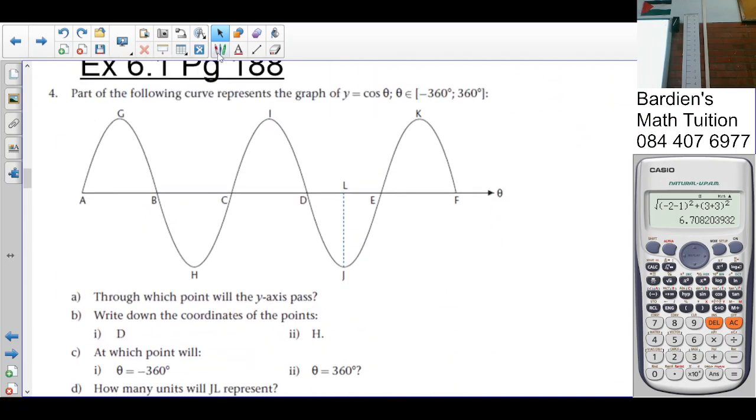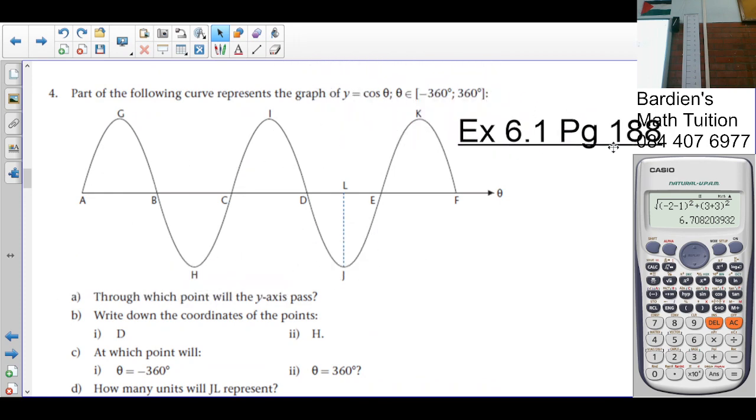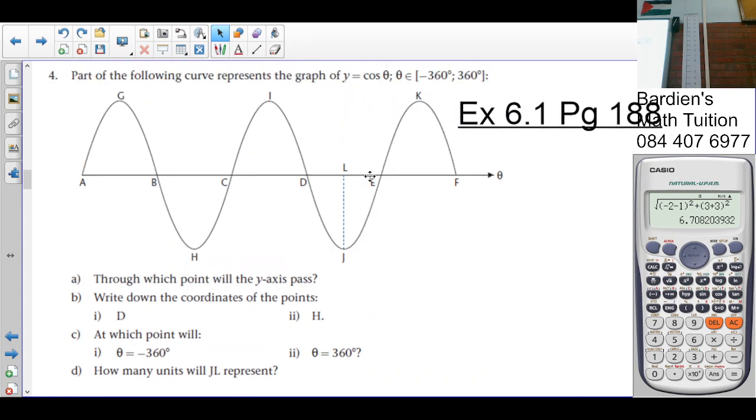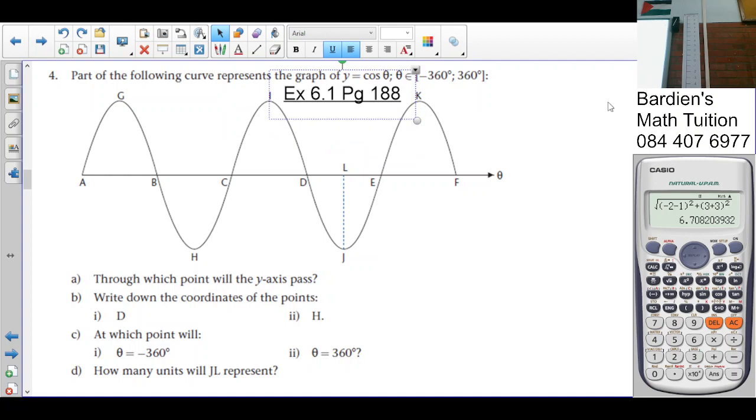Yeah, this is where I wanted to be. So the question says, part of the following curve represents a graph of y is equal to cos theta, where theta is an element of negative 360 to 360. That means to say the graph is drawn in that interval.